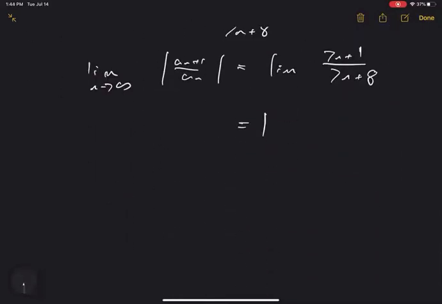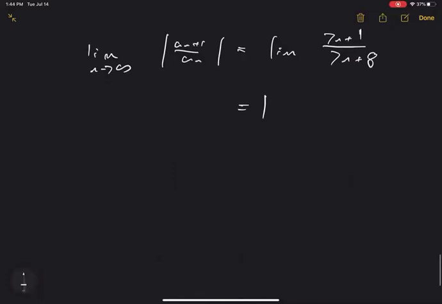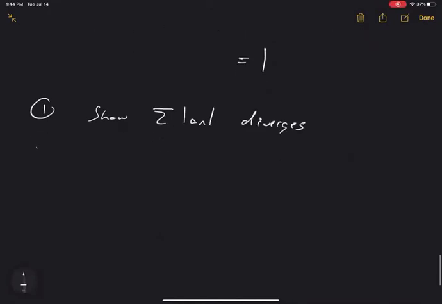A lot of times when we get this limit equal to 1 in the ratio test or root test, that might mean our series is conditionally convergent. So what do we need to do to show our series is conditionally convergent? We need to show the series of absolute values diverges, and we also need to show the original series converges.